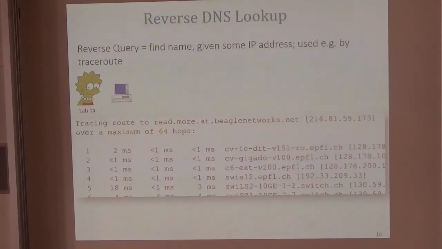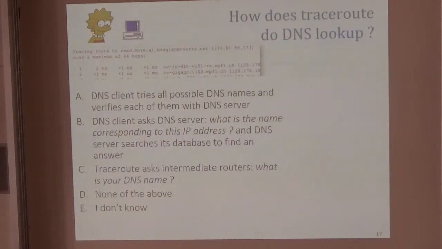But if you don't, you will get the names here. How do you think that traceroute obtains all those names? For example, I'm going to a given destination. I have names that in principle nobody ever sees because they are the name of routers, for example. How do you think that traceroute gets it?